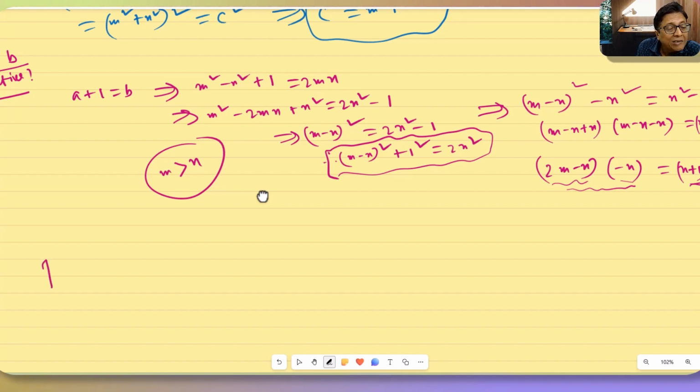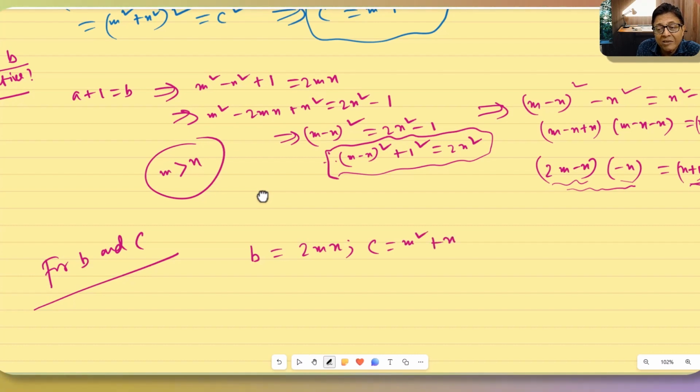Now for b and c, can they be consecutive integers? b is 2mn, c is m square plus n square. So b plus 1 must be equal to c. This implies 2mn plus 1 equals m square plus n square.